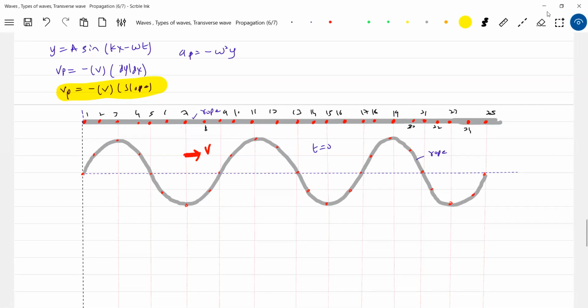There's a sign convention. What is the sign convention? Anything towards right, positive; towards left, negative. Anything vertically up, positive; vertically down, negative. Velocity, acceleration, what will that be? So if I get v_p positive, what does it mean? This particular point is moving up.